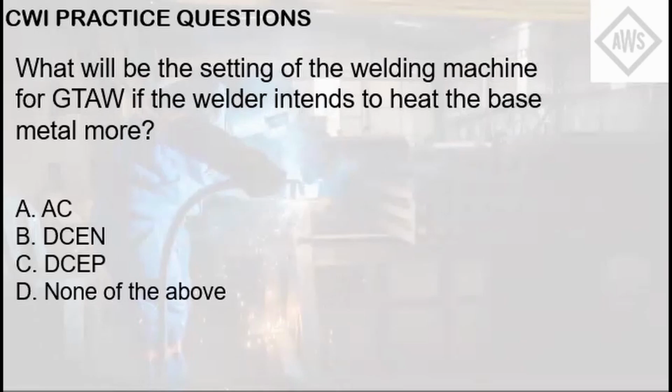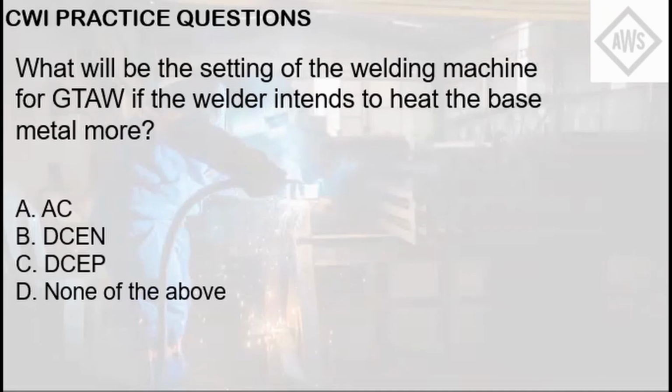So for letter A, AC, if it is AC, it will not heat the base metal more because of its sinusoidal kind of curve. If you plot the current, basically the electrode is not in contact with the metal for a very long period, much more like SMAW.